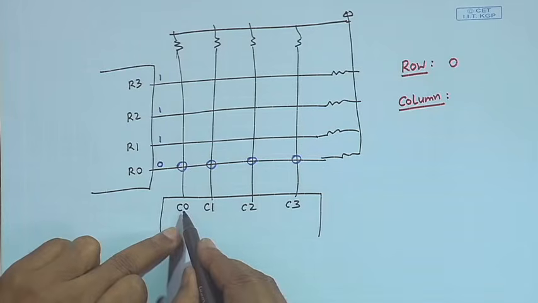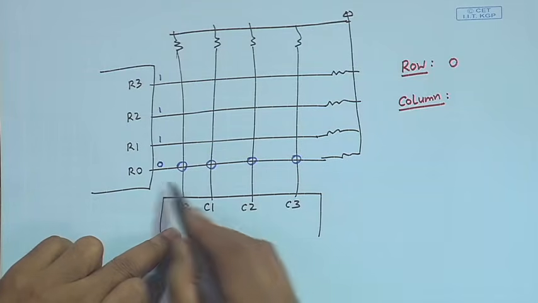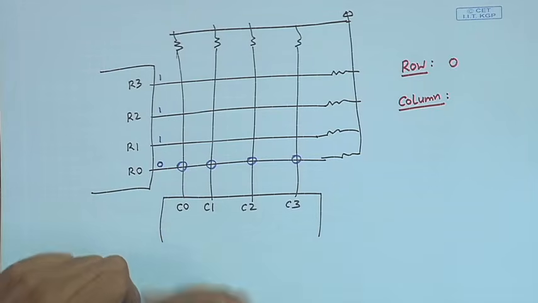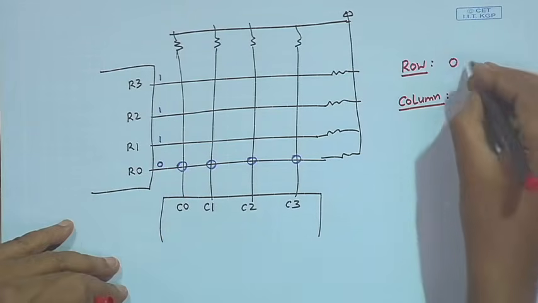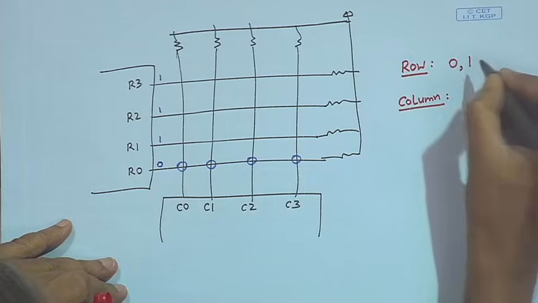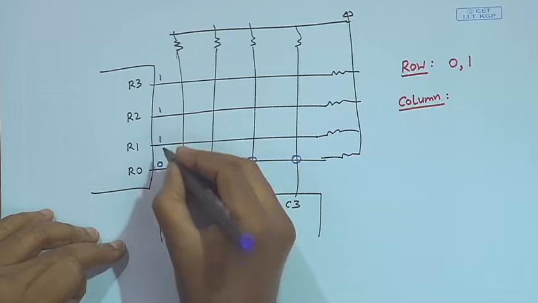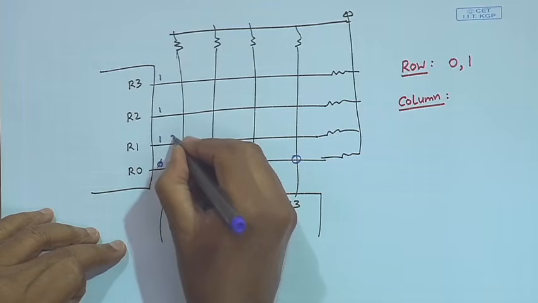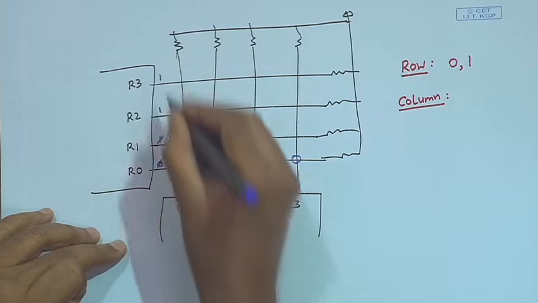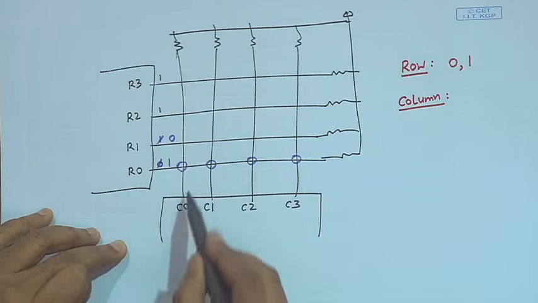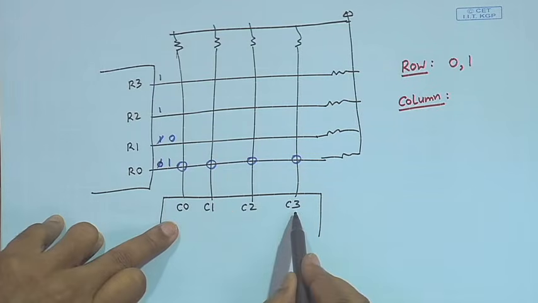But if I see it is all 1 1 1 1, which means no key has been pressed in row 0, then we increment the row to 1 and activate the next row. So, now we make this 0 and the others 1, and we check again whether any of the column bits is 0.